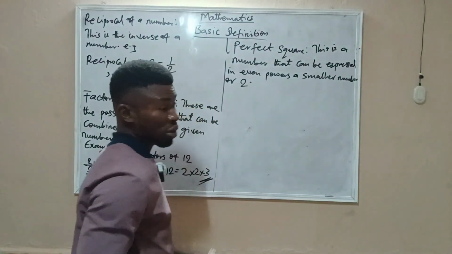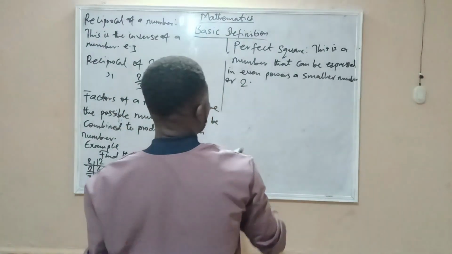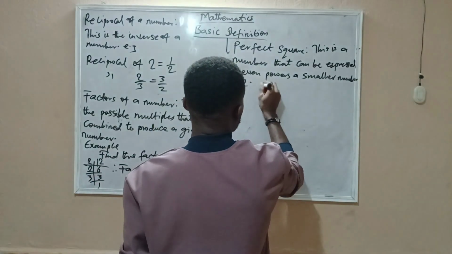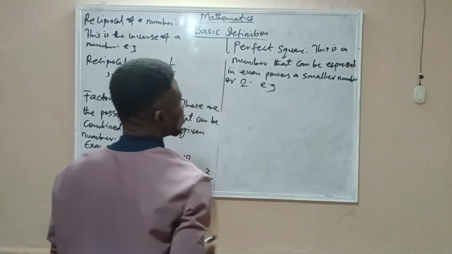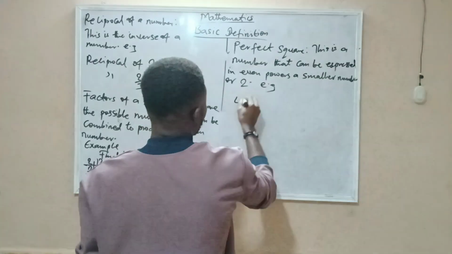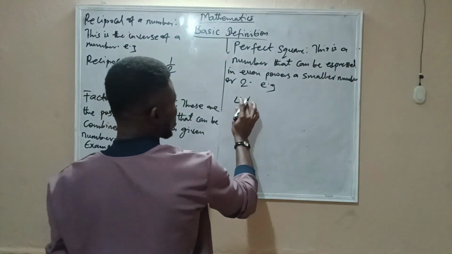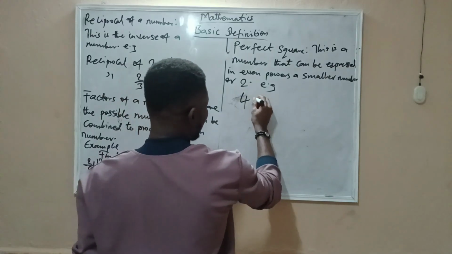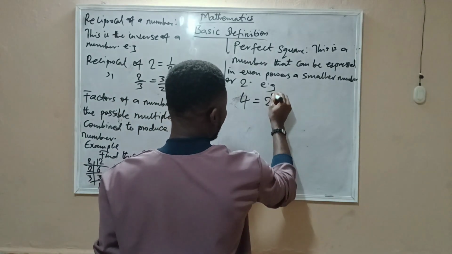Example of a perfect square: 4 is a perfect square because 4 can be expressed as 2 raised to power 2.